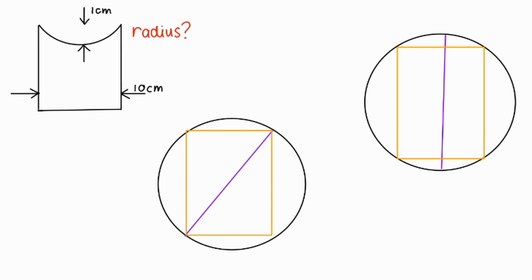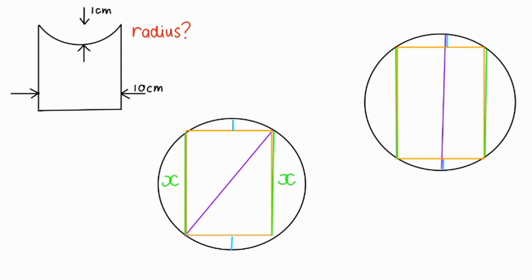Let's label these sides as x and indicate the 1 centimeter that will be here and at the top as well. Let's talk a bit about why we can assume that the 1 centimeter they indicated here is 1 centimeter at the top as well. You need to remember that we are using a rectangle. We are not assuming that this is a square.